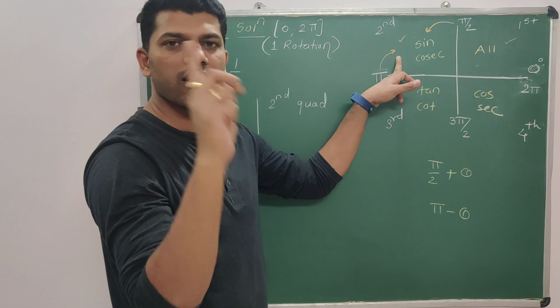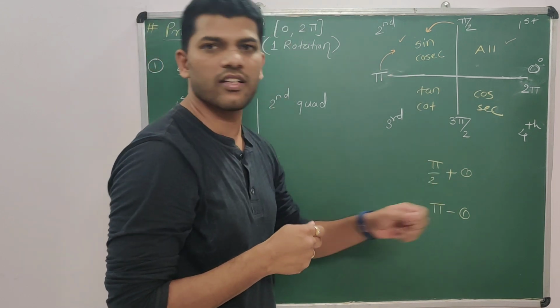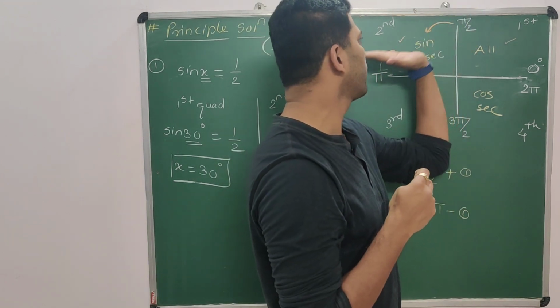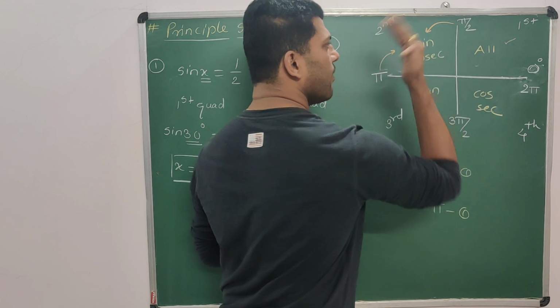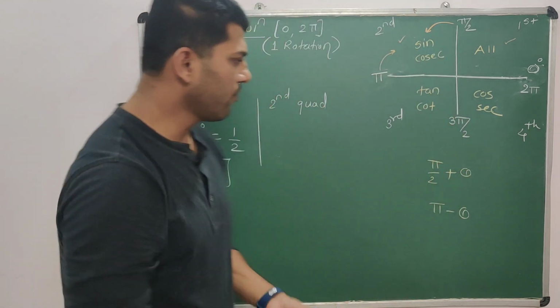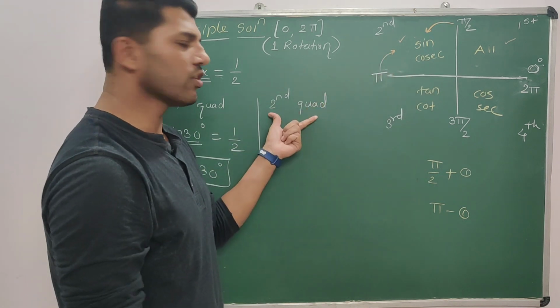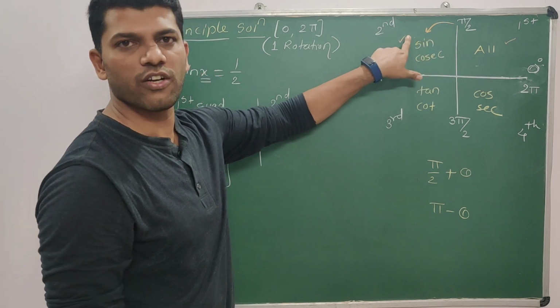Please refer to the allied angle video, then only you will understand this, because these two are allied angles. Then which one do we have to use? Because our solution lies in the second quadrant and we want to enter into the second quadrant.